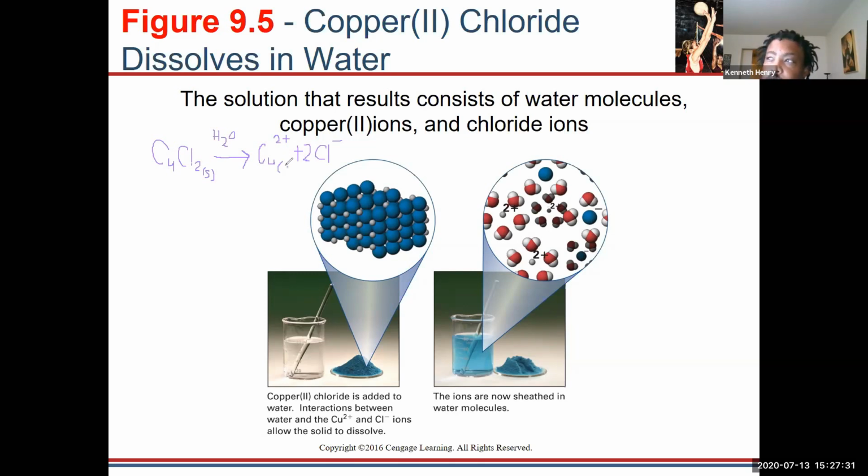And you want to put aq because it's in what? Solution. Aqueous. Aqueous stands for what again? Acid? Well, no, it doesn't only stand for acid. It only stands for acid if there's an H plus there. Is there an H there? You see a hydrogen there? No. Aqueous stands for what?